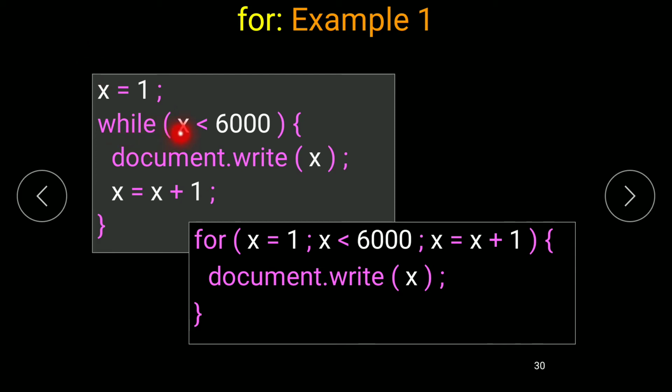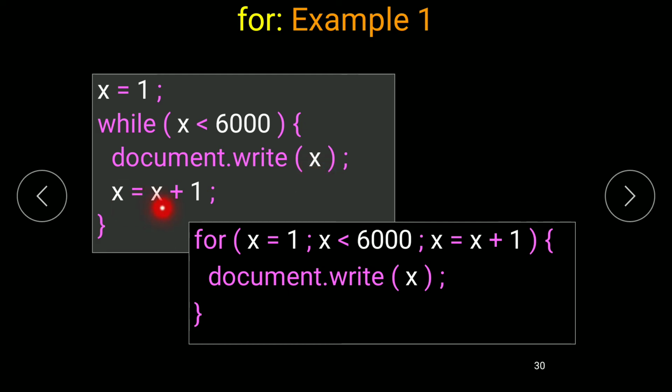Next, in the while loop, we check the condition. If that condition becomes true, your code will be executed, otherwise it will not be executed. See here, x is less than or equal to 6000. Is it true? Then your control goes to the next line, document.write, and prints the value of x.